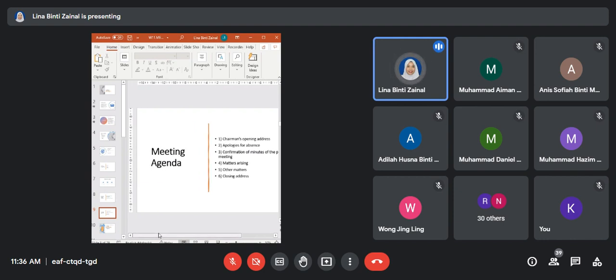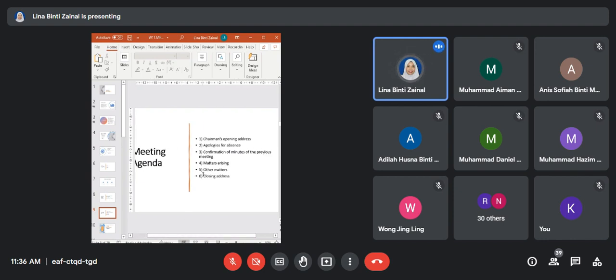Okay, as for the meeting agenda, this is how it looks like. Okay, chairman's opening address, apologies for absence, confirmation of minutes of the previous meeting. But this one, if it is the first meeting, tak ada benda ni, tak perlu. Okay, the very first meeting yang pertama, tak perlu ada benda ni.